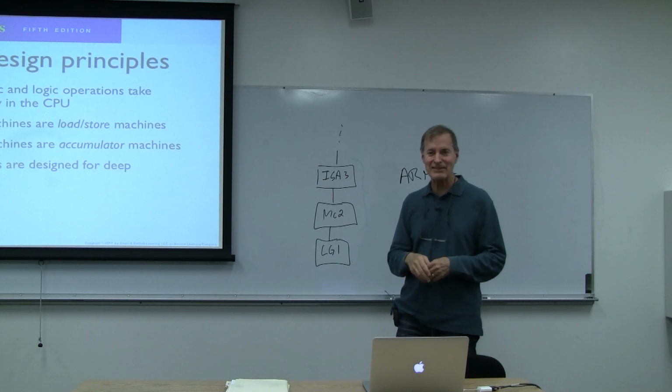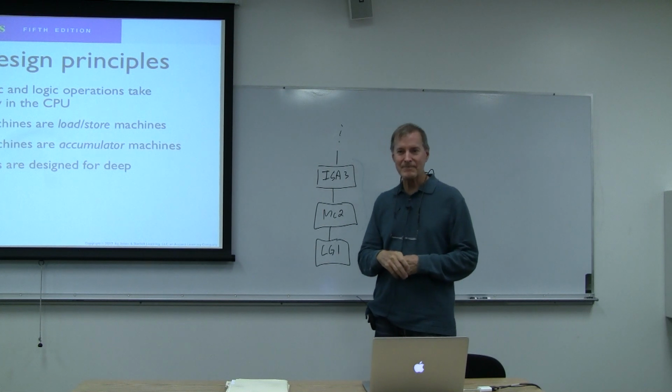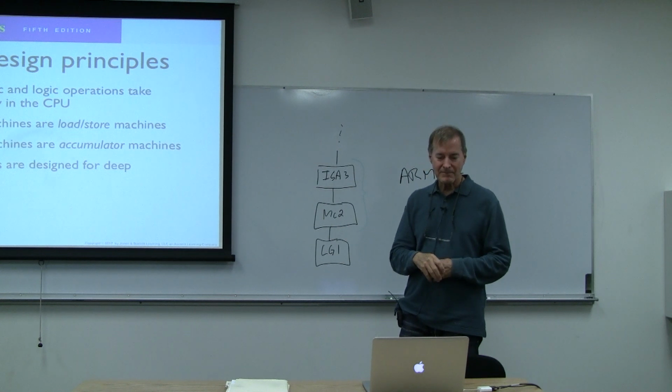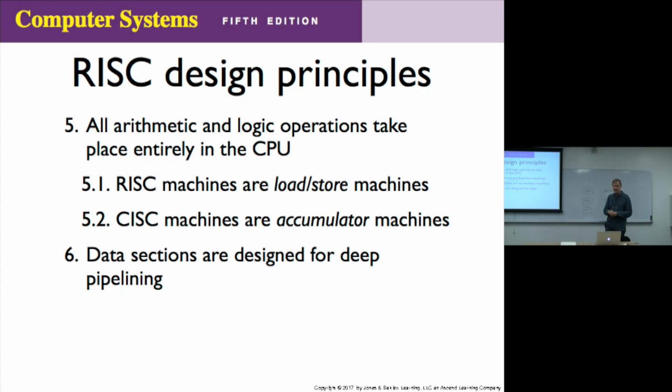It's really fascinating design trends. All right. And the data sections are designed for deep pipelining, but CISC machines can also have deep pipelining. The argument for RISC is that RISCs are especially effective at deep pipelining. That's that third factor in the system performance equation.